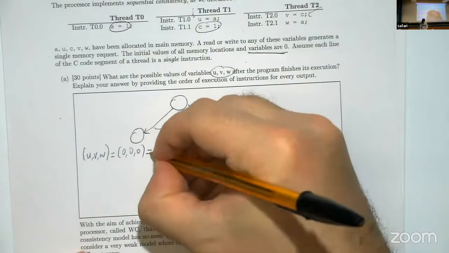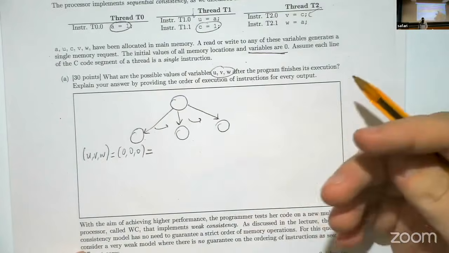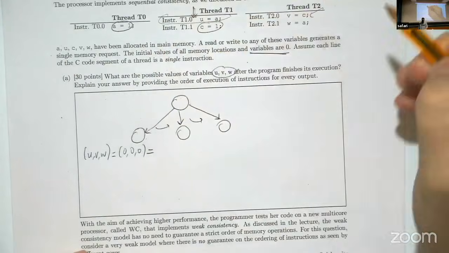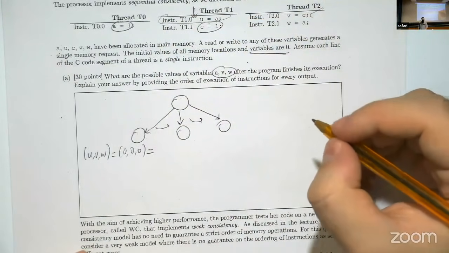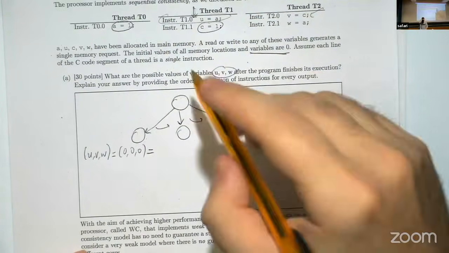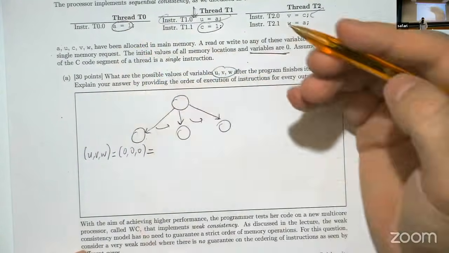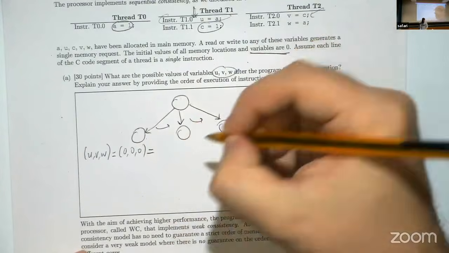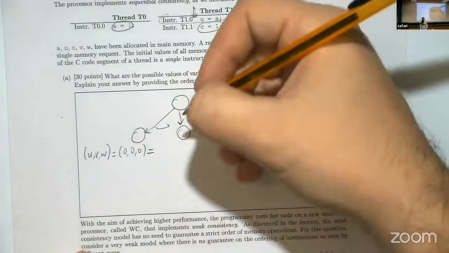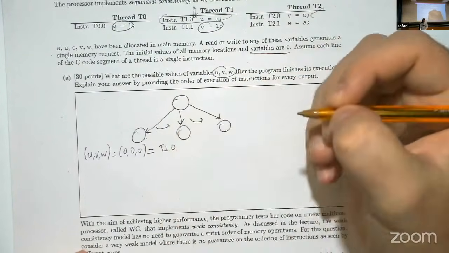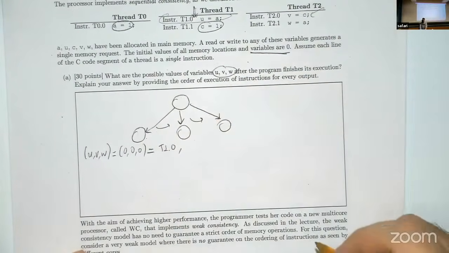Yes, it is. Why? The clock starts with T10. We go here to T10, and we do U equals A. What's A in the beginning? This has not been executed yet. A is 0, which means that for UVW, in this scenario, U is 0. So the first one we executed is T10. What's the next one?